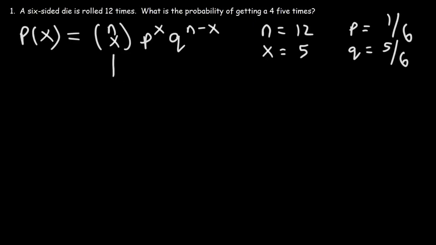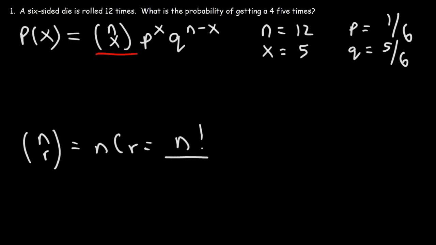Now let's talk about how to calculate this portion of the equation. We need to use the combination formula. Perhaps you've seen it. This is nCr, and that's going to equal n factorial divided by n minus r factorial times r factorial.